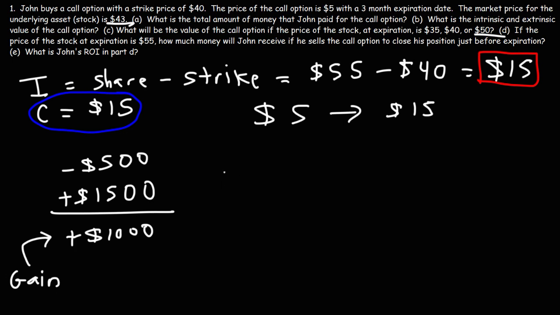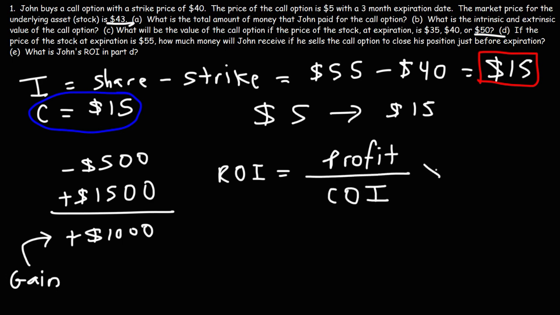Now going to part E, what is John's ROI in part D? His ROI, or return on investment, is basically his profit or his gain divided by the COI, his cost of investment, times 100%. His profit in this trade was $1,000.